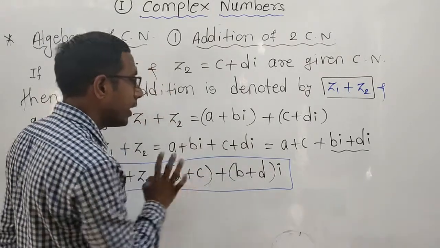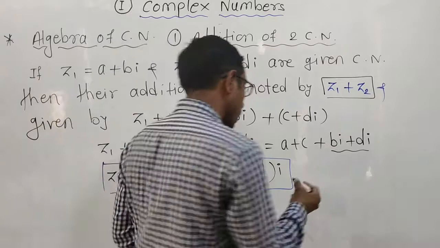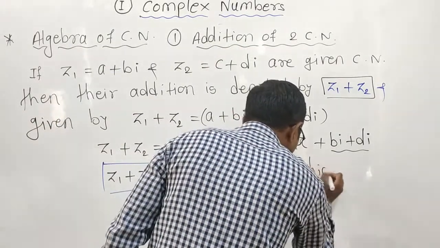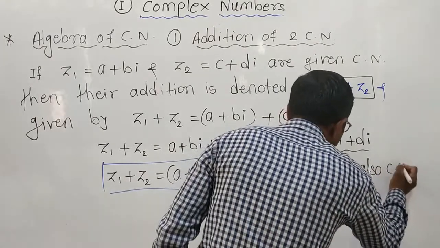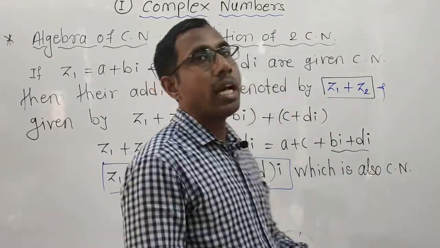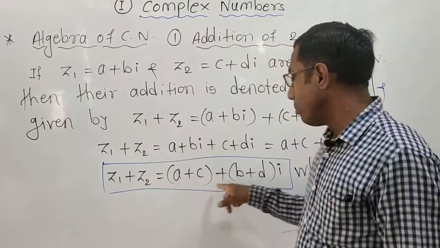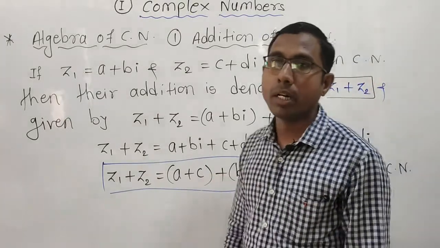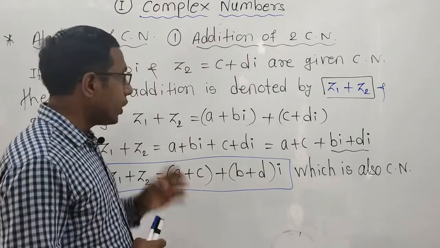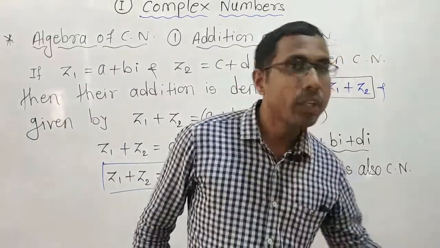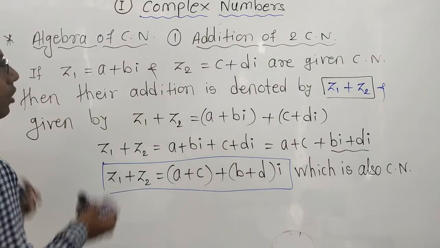Once again, addition of two complex numbers is also a complex number. From this, one point has to be remembered: addition of two complex numbers is a complex number, and the way for addition is simply add real part with real part and imaginary part with imaginary part. So note it down properly.